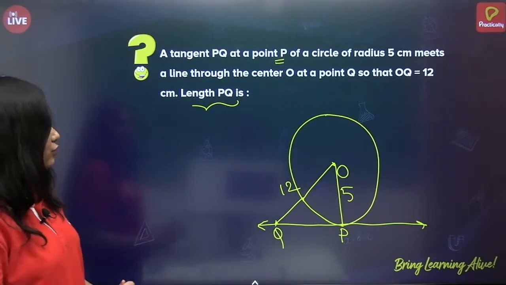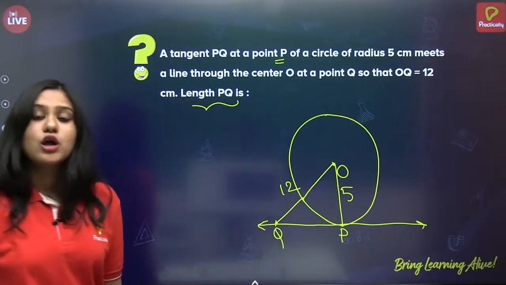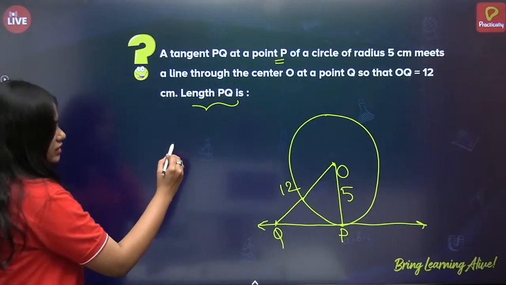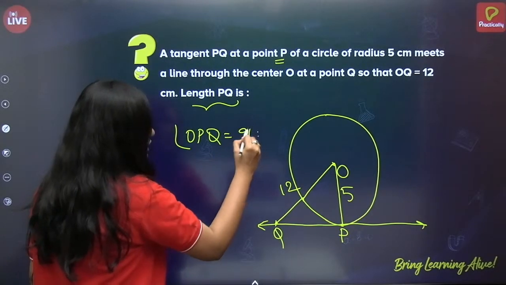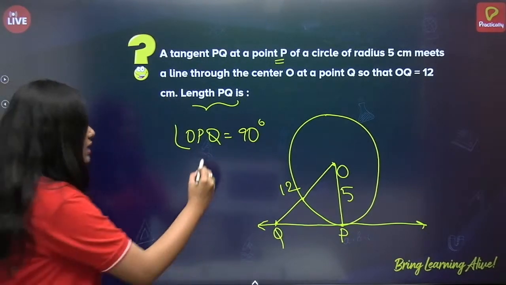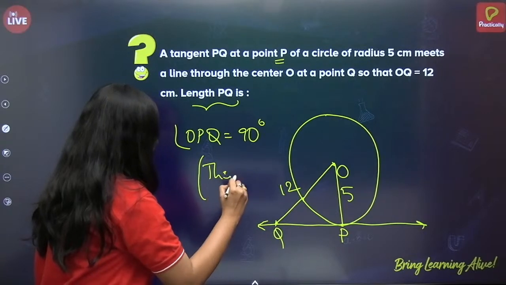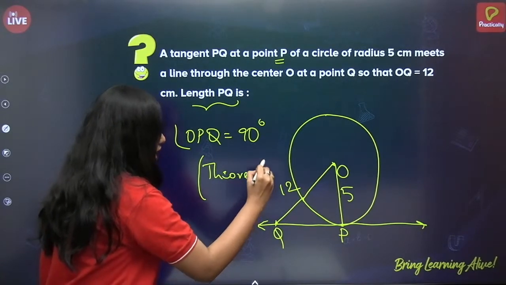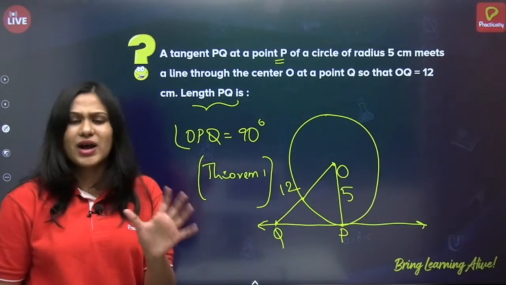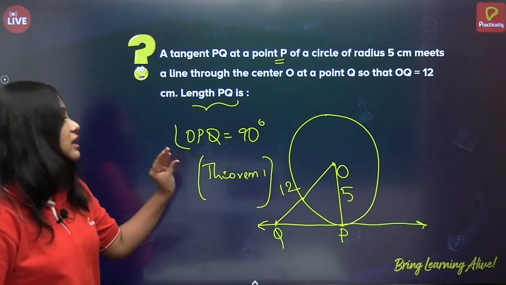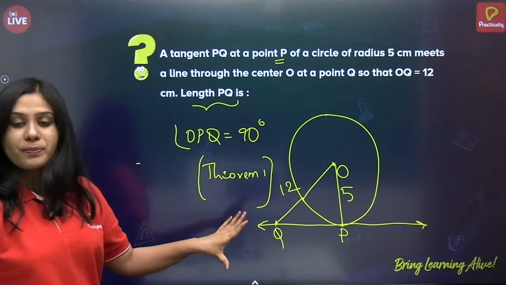Now what do we have to find? The length PQ. So what do we know? We know that angle OPQ is equal to 90 degrees. Correct? Why? Here just mention theorem 1. Or if you are writing in the exam, just make sure you write a statement in like 5 to 6 words explaining how angle OPQ is 90 degrees.